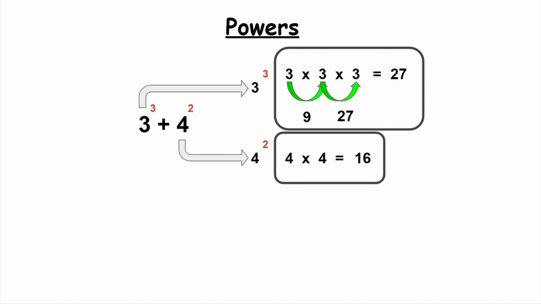So 16 is the value of 4 to the second power. So now we're going to take both of those answers and add them together. 27 plus 16 equals 43. Excellent job.